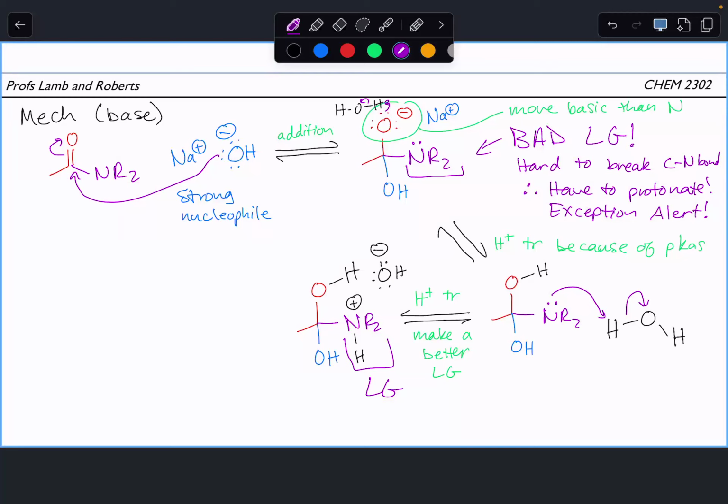So now we have a leaving group, so we are ready to do our elimination step, but we can't just push down from the lone pair, because if we do that, we would make a positive charge on this oxygen. And so we call this like an assisted collapse of our tetrahedral intermediate. So our base is actually going to pull off the proton at the same time as we break this oxygen-hydrogen bond, which is going to push down and then push out. So we sort of put the proton transfer all together because we can't make that positive charge on oxygen.